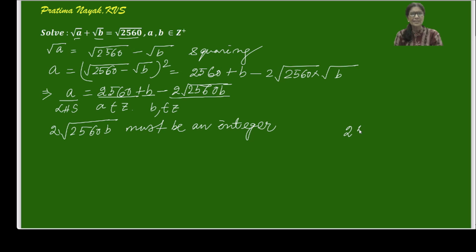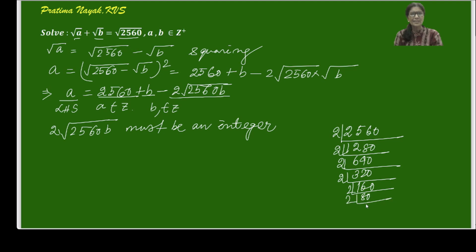First, let me factorize this, to see whether it is a complete square or not. 2560 divided by 2 is 1280, then 640, 320, 160, 80, 40, 20, and the last part is 10.